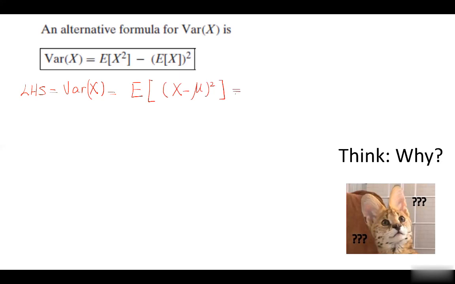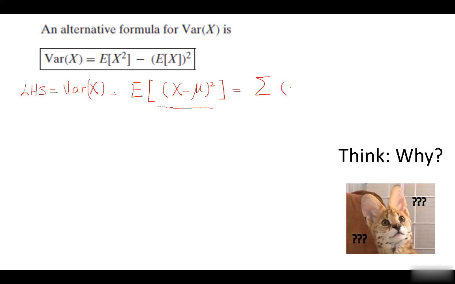Okay, so according to the definition of expected value, how do we calculate the expected value? Expected value is actually a sum of all possible values times their corresponding probabilities, right? So what are all the possible values that X can be?